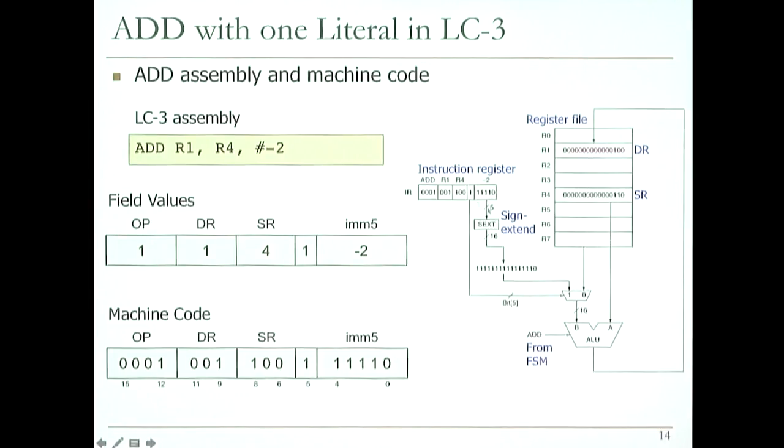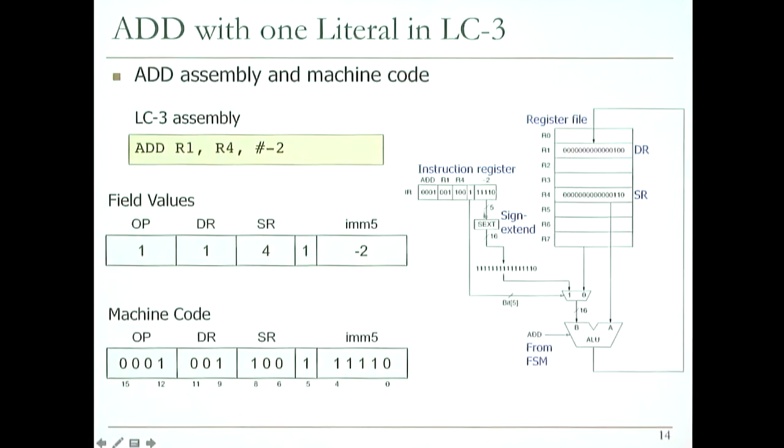Here in our instruction register, we can see that the 5 least significant bits contain this immediate operand, this literal. And here, using this unit that you see, we extend. Essentially, this means taking the most significant bit and replicating it to the rest of the lines, right?